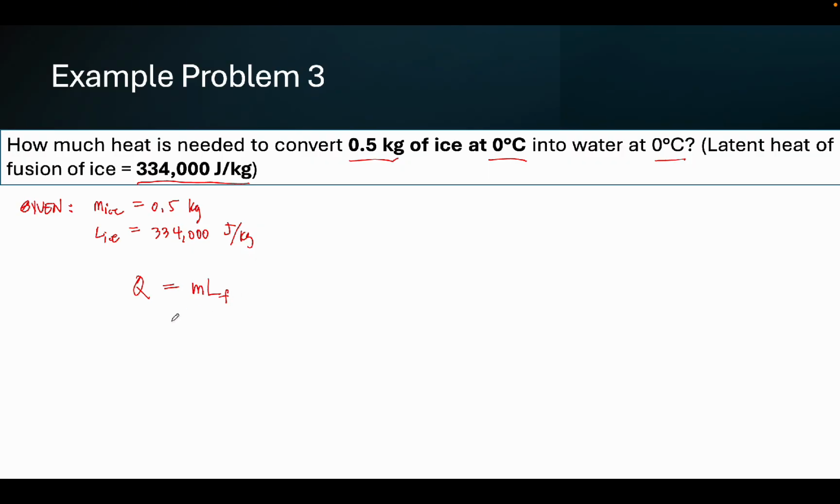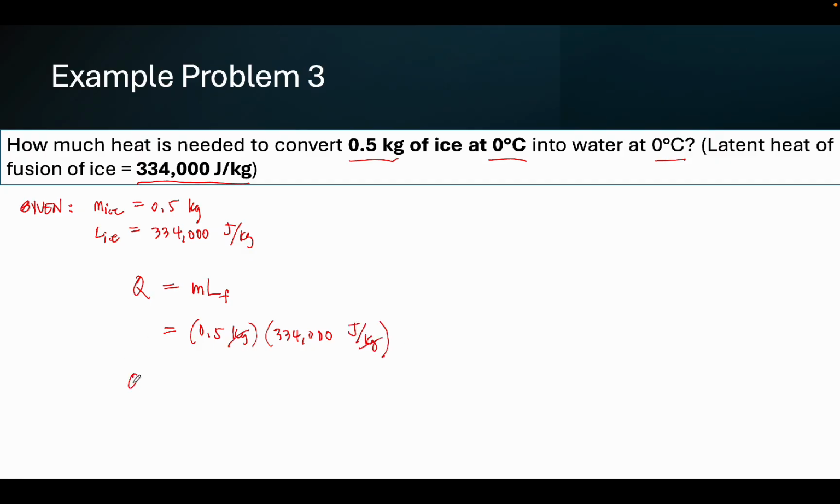So we have mass is 0.5 kilograms times 334,000 joules per kilogram. So, the kilograms cancel out.